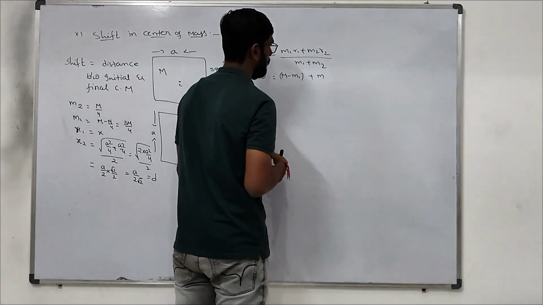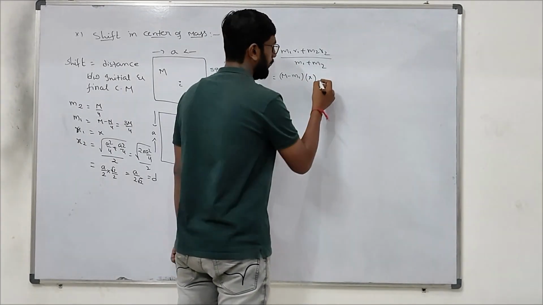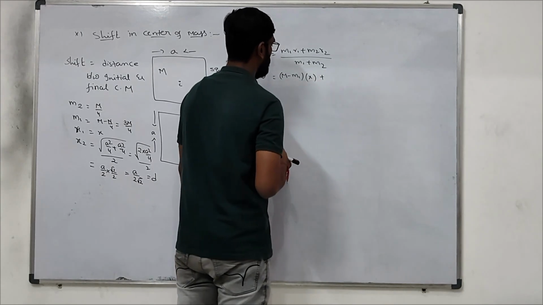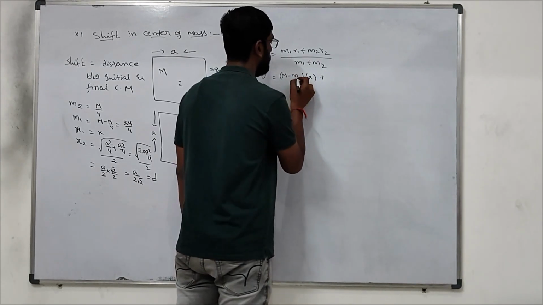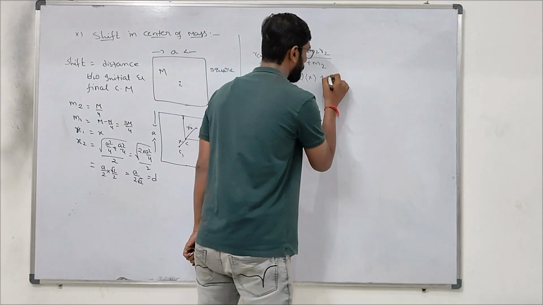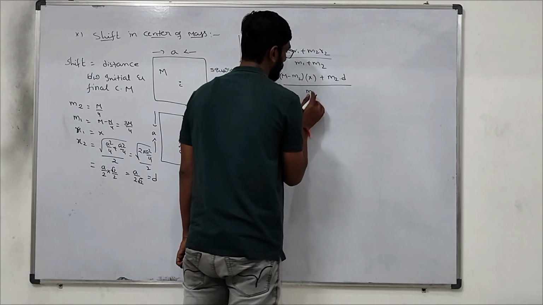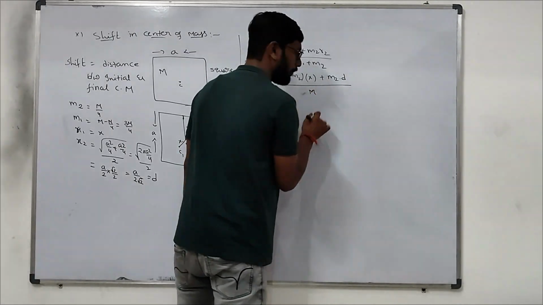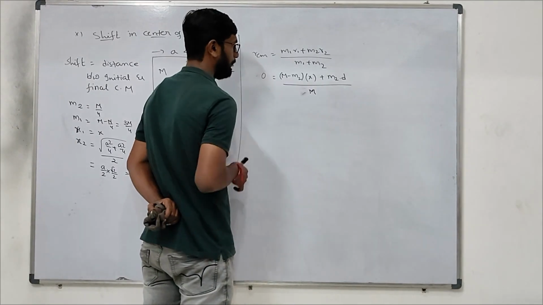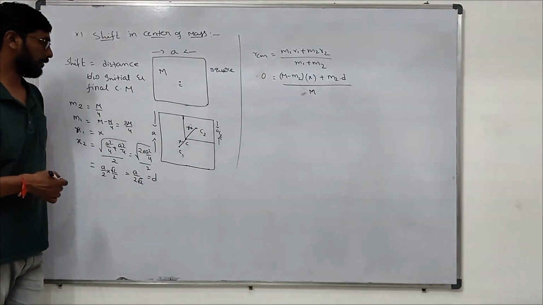R1 is x. Plus M2 is what? Capital. This is M2 actually. Removed mass is M2, no? Not M1. So this is M2 into R2 which is d, by M1 plus M2 which is capital M, total mass. Right? So from here if you see, one of them will be negative, right? Which one will be negative?